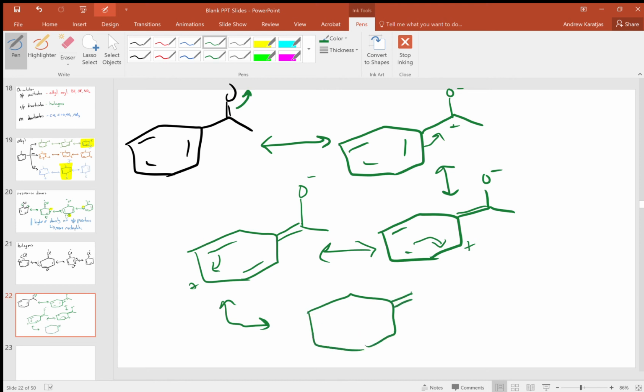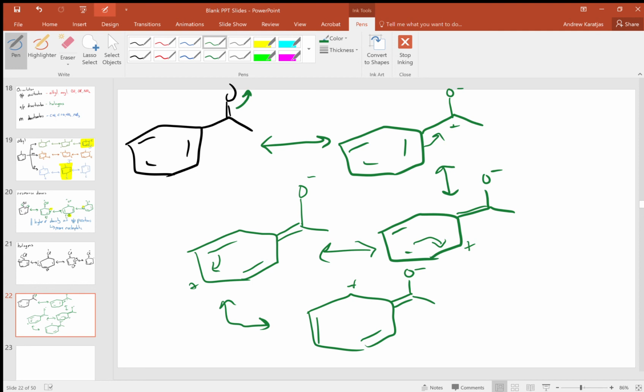And so it's kind of like what we saw a few minutes ago for, say, phenol, where phenol donated its electrons and put negative charges through resonance at the ortho and para positions.